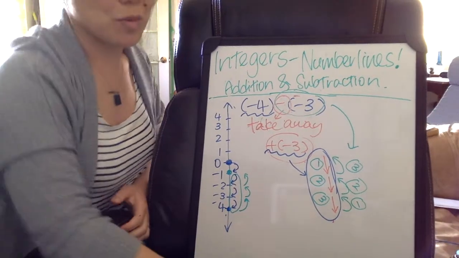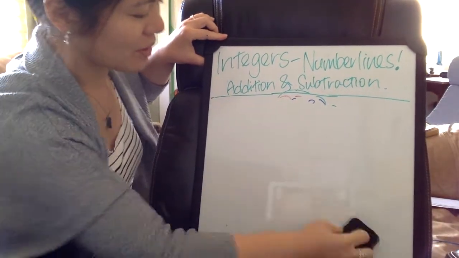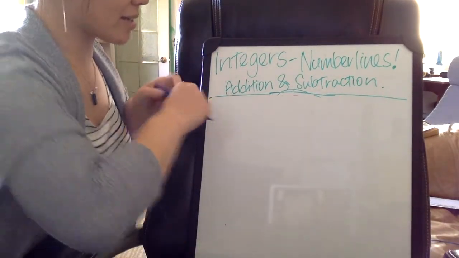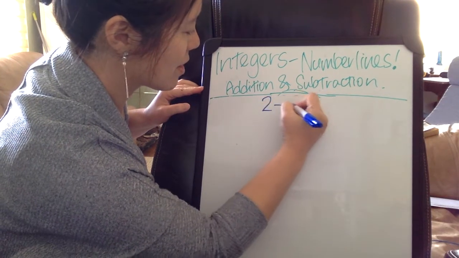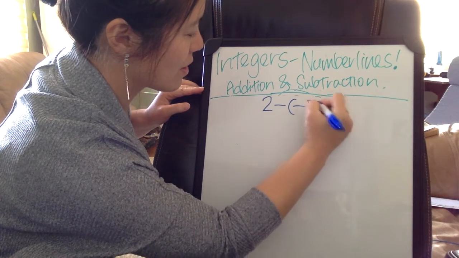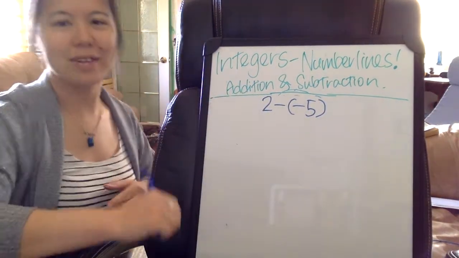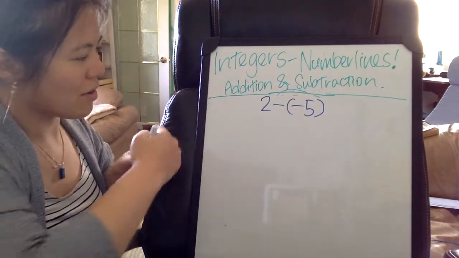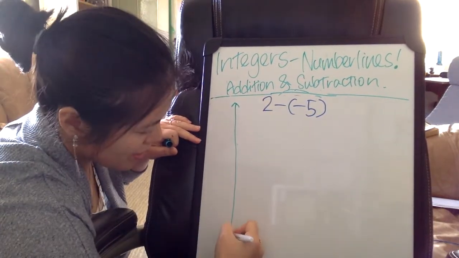Okay, so I'm going to do one more question. What if it is like this? I'm going to draw a number line again.